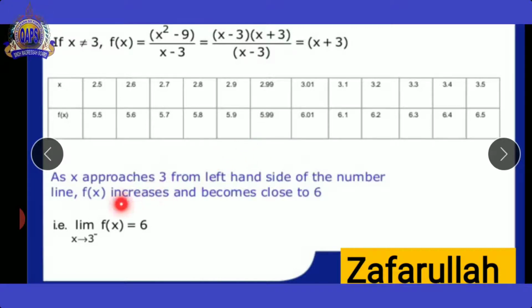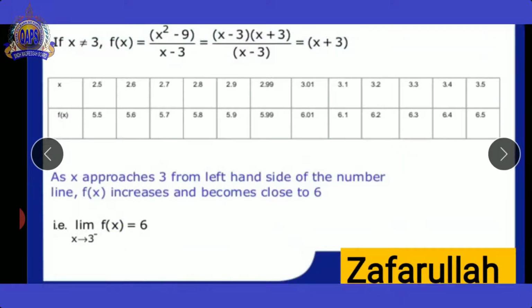So when x approaches 3 from the left, this negative sign represents the left hand limit of the function f of x, and the outcome is 6.